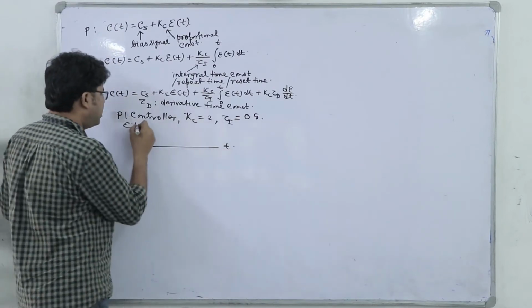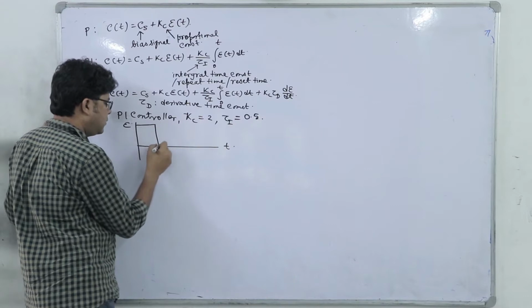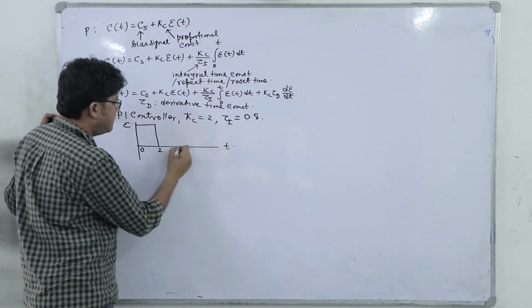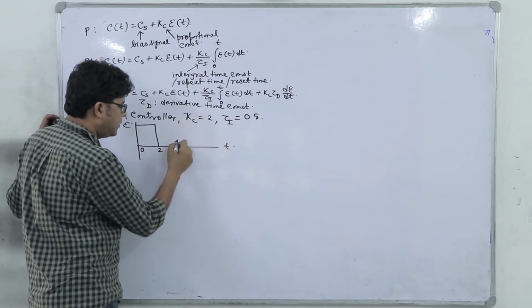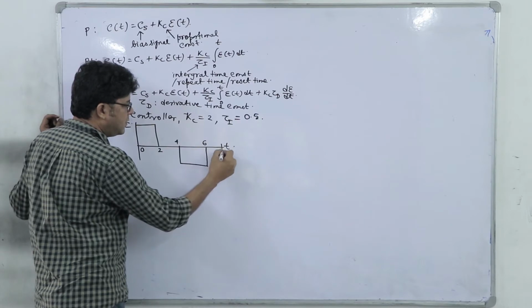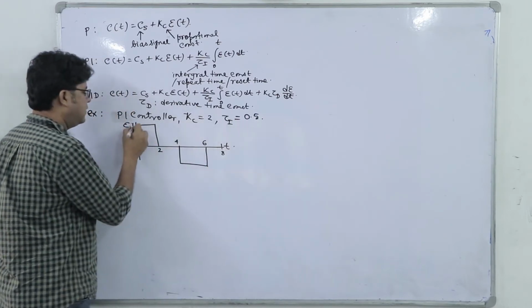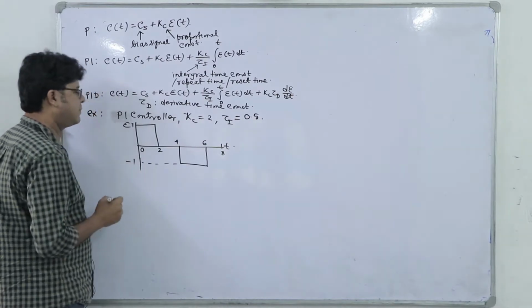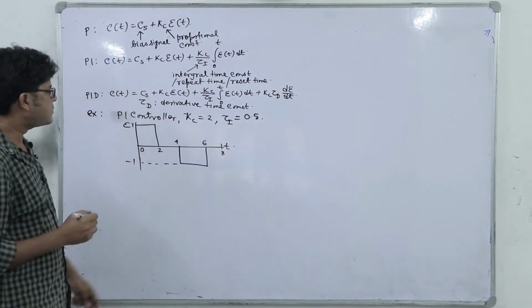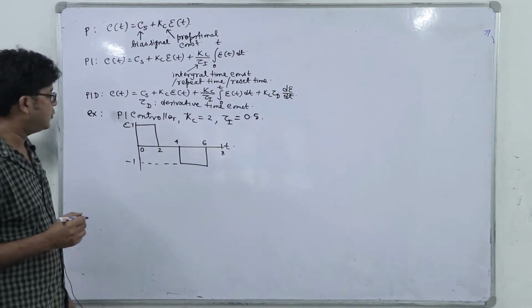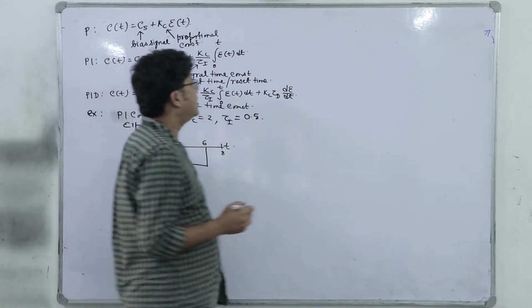This is 0, this is 2, 4, 6, 8, etc., and this value is 1, this is minus 1. So, we have to draw the controller's output signal, and you have to calculate it first.